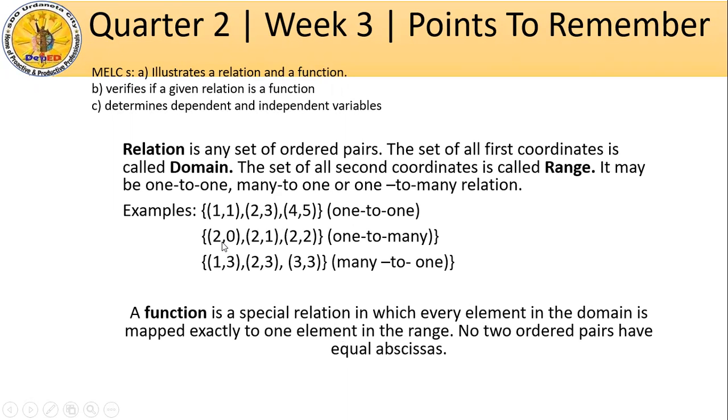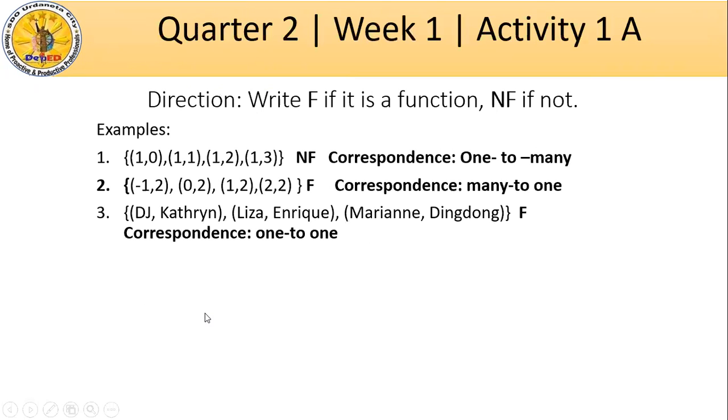Example 2 is not a function. Why? Because 2 is repeated on all the ordered pairs. So, to determine if it is a function, no domain or x should be repeated.